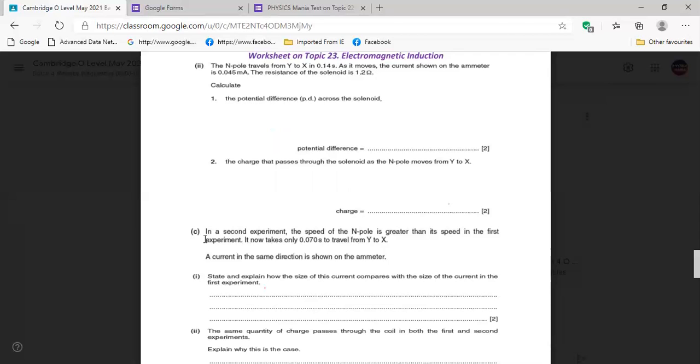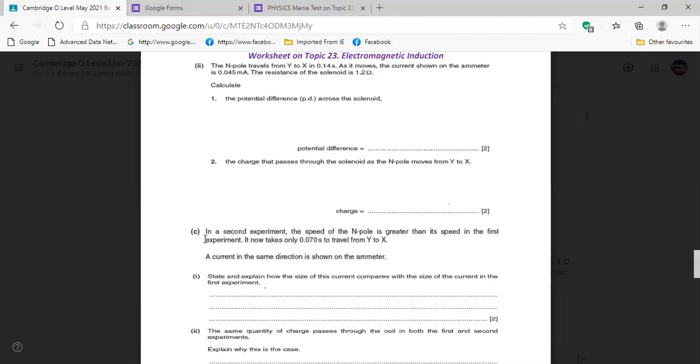The size of the current will be half, right, sir? The size of the current is the same. Why? They said the speed of the end pole is greater than its speed in the first experiment.